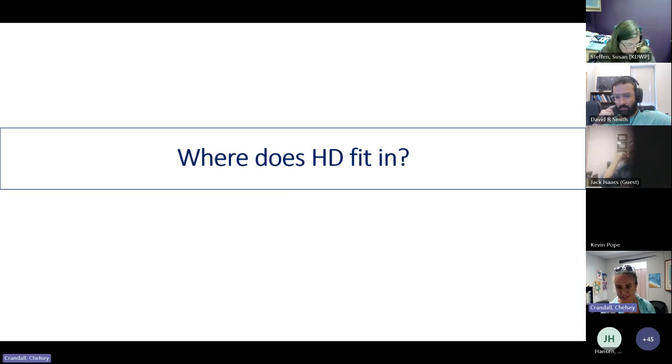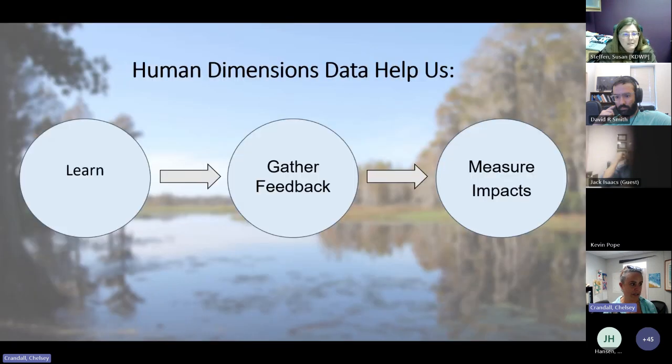And so I'll briefly close here with this. I know we're coming up on 3, but I often get this question. And again, folks here probably also have some great answers to this because there's a lot of folks on this call that work in this realm. But people will say, hey, that human dimensions data is really cool, but what do I do with it? I know where biological science fits into the work that we do. But what do we do with this people data?